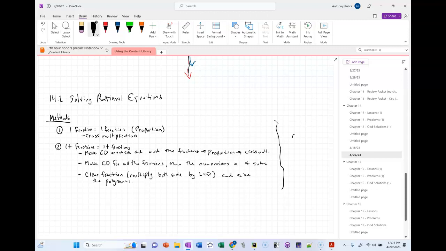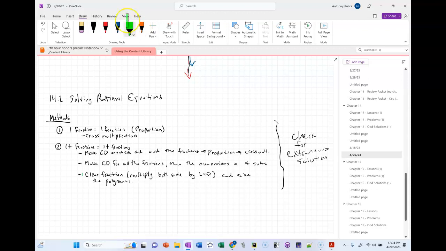You have to check for an extraneous solution, right? The answers you get could actually give you a 0 denominator in the original problem, because any of these methods at some point resolve down to solving a polynomial. Now the solution to that polynomial might be the same location as one of the discontinuities in your rational equation. So you do have to check at the end for an extraneous solution.